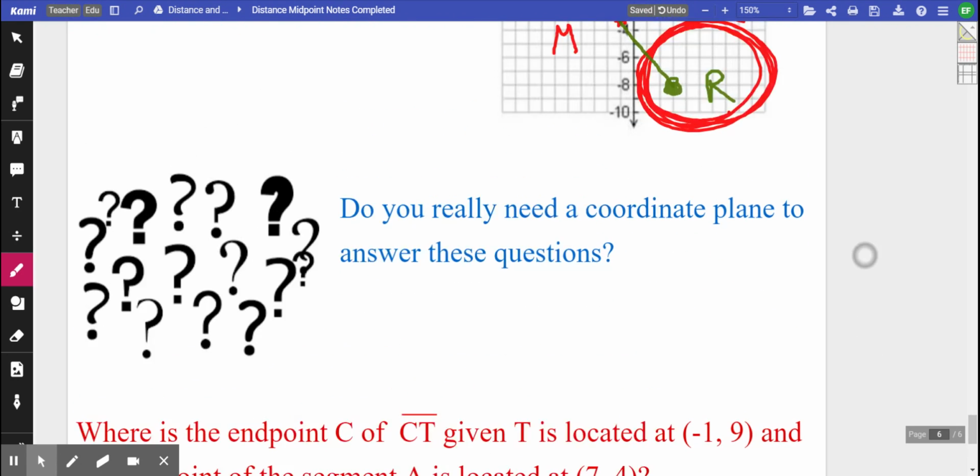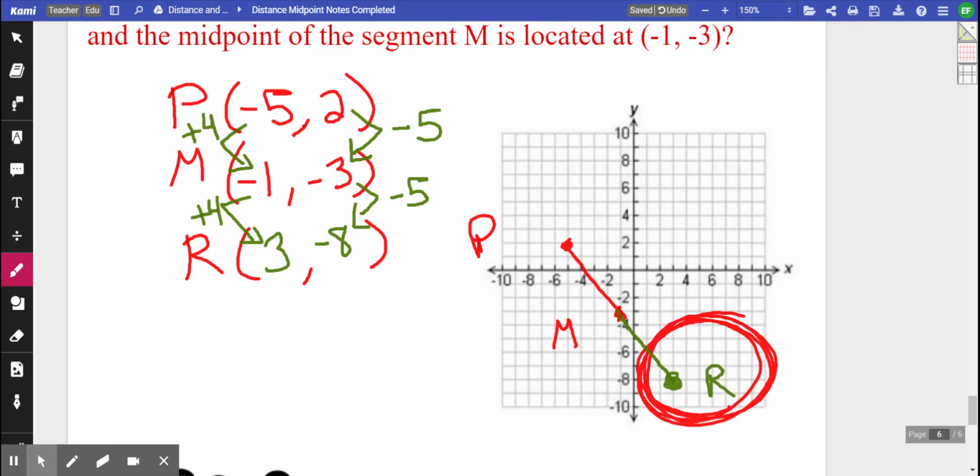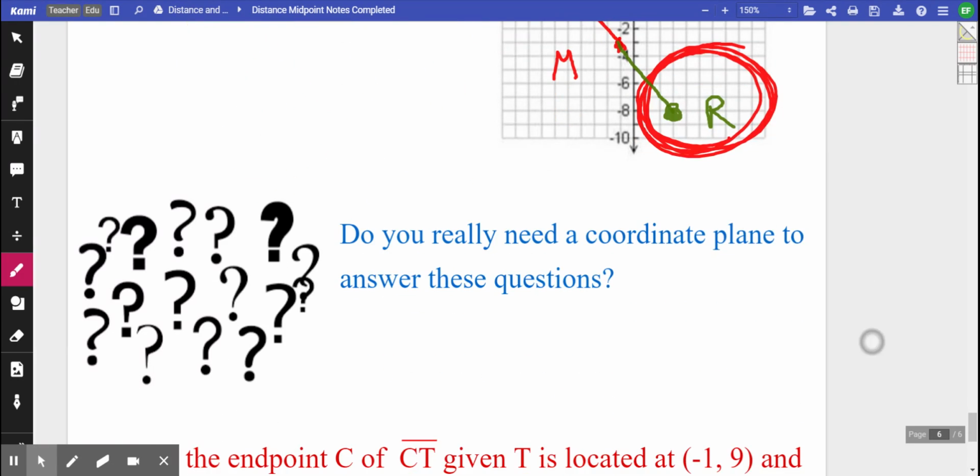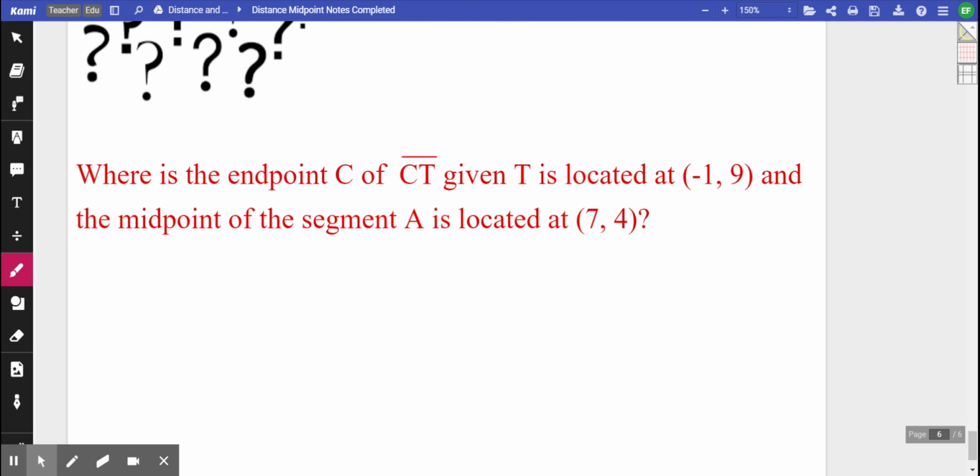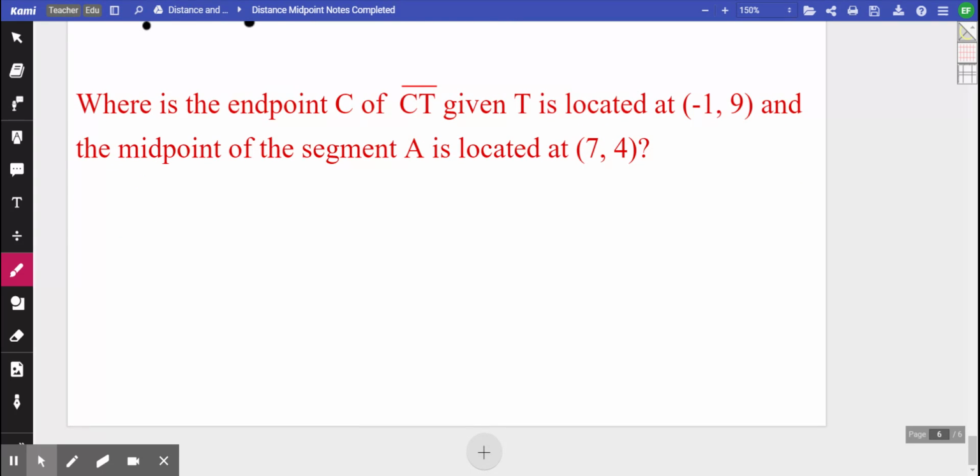No. All we really needed to do is line up our endpoint, our midpoint, and our other endpoint. Then we were able to figure out the difference in the x values and continue that pattern, find the difference in the y values, and continue that pattern. So if you would like to go ahead and pause the video and try this one on your own, go right ahead.